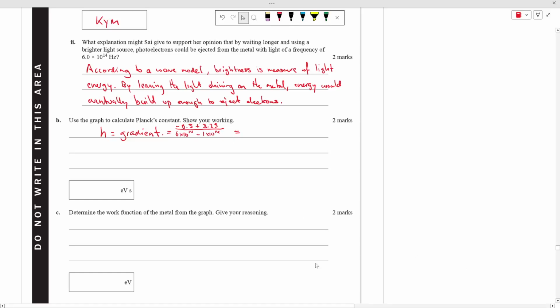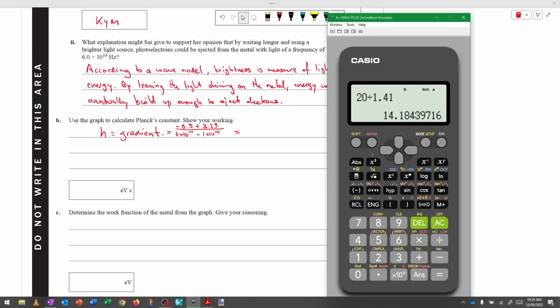This is just an estimate. Everyone's going to have different lines of best fit, so there will be tolerance in the answer. Right, so 3.25 minus 0.5 is 2.75 divided by 5 times 10 to the 14. That's 5.5 times 10 to the negative 15.